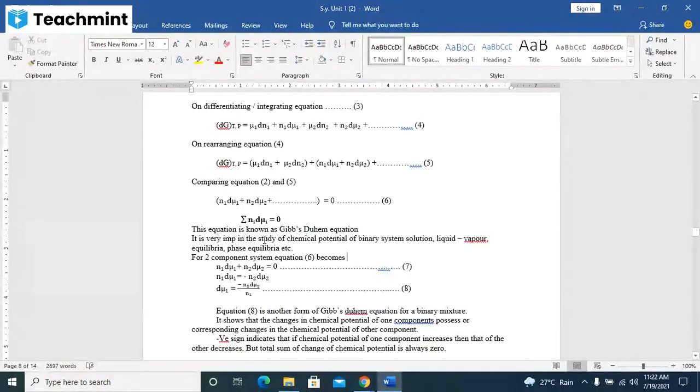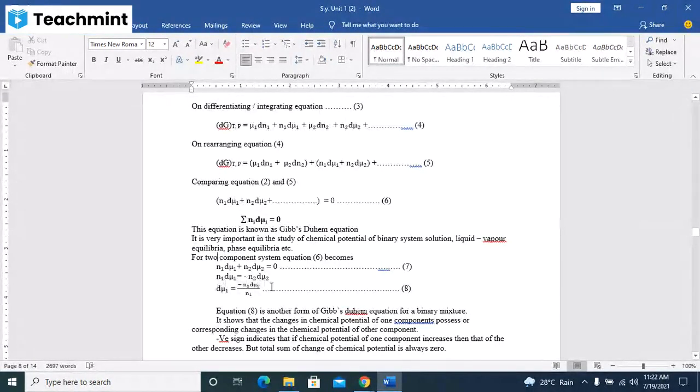It is very important in the study of chemical potential of binary system solutions, liquid-vapor equilibria, phase equilibria, etc. For a two component system, equation 6 becomes N1 d mu1 plus N2 d mu2 equals 0.